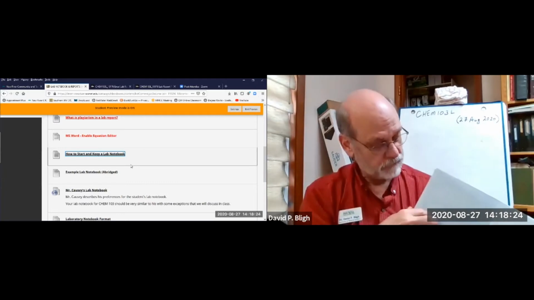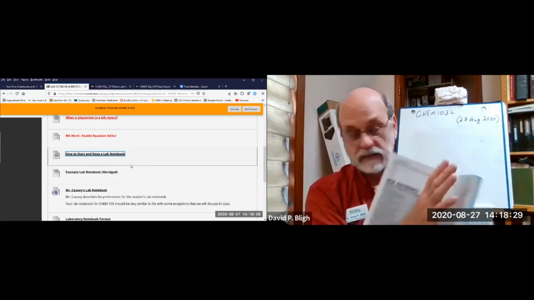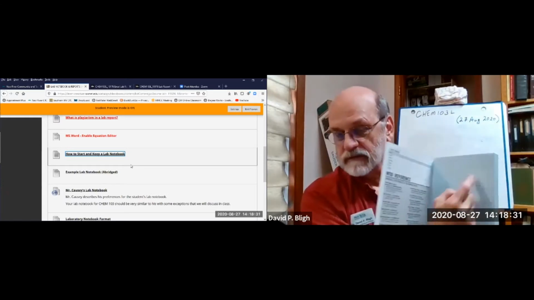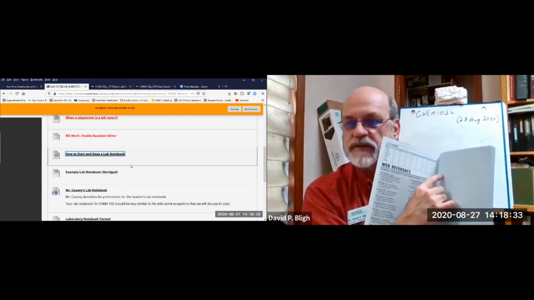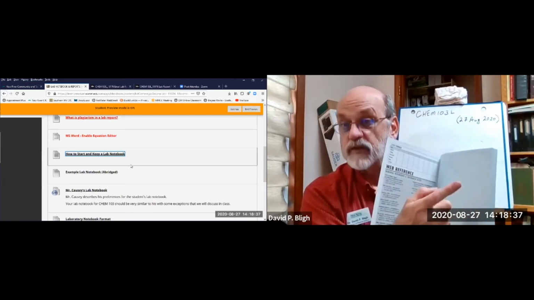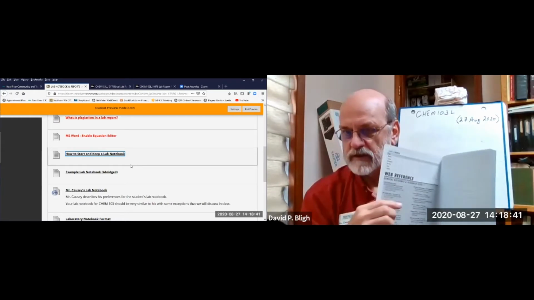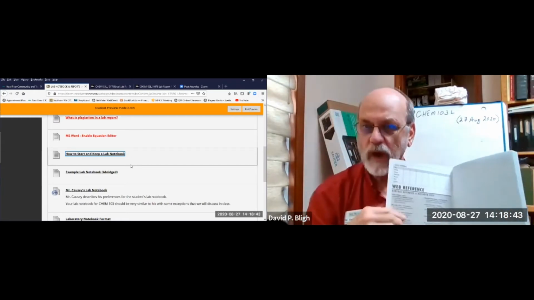So first thing you do is you want a table of contents. You can start on the first page, right? Table of contents. And then you just say, what's the name of the experiment? And over here, page number, that's where it starts. That's all you need, just the starting page. Because why?